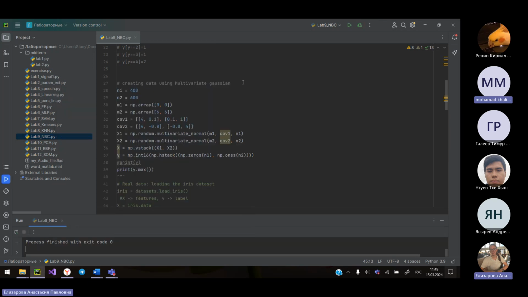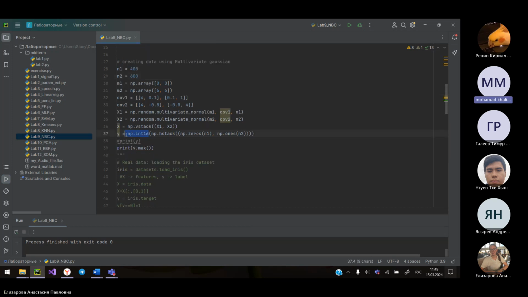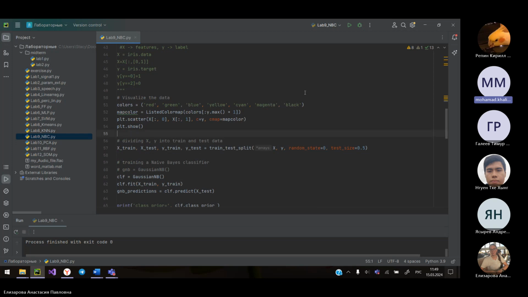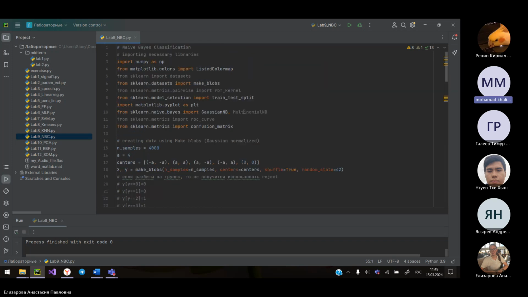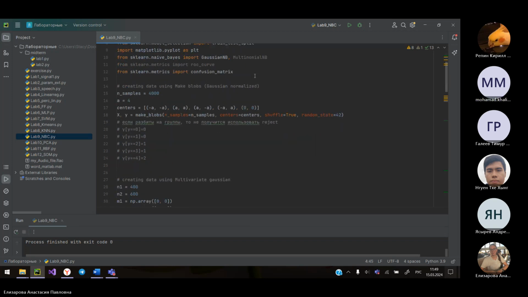Close. Yeah. I don't know how. Strange. It worked with me before, exactly the same, even without np.int16. Here, y.max plus 1. Yes, exactly. Yeah, the same. Maybe it's the library. Yes, I have it. I have it.